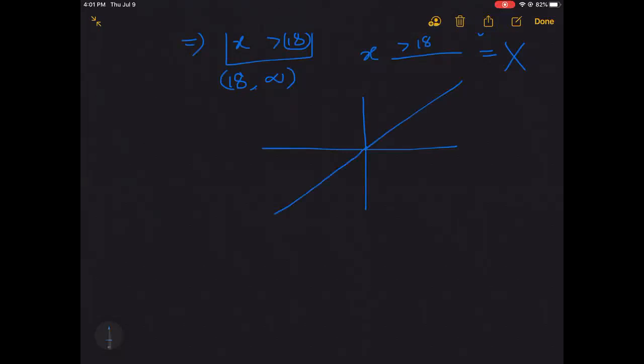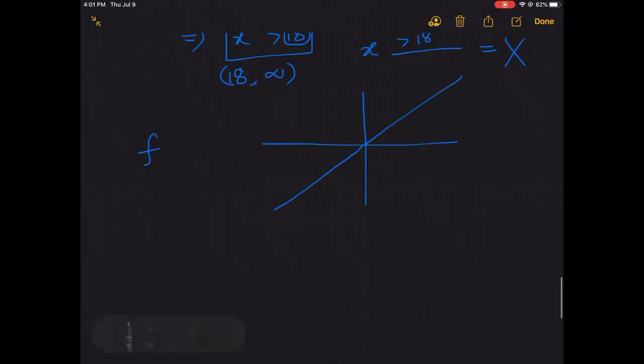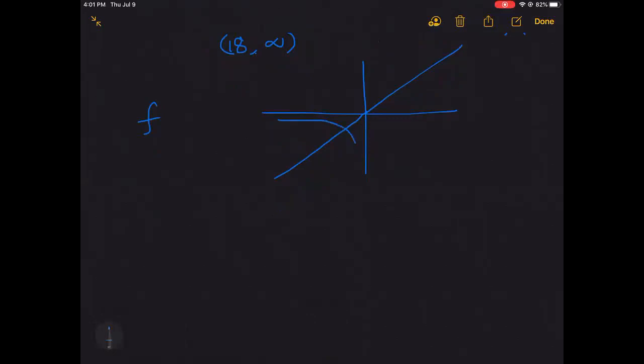Whatever you have as the graph of the main function, just take the mirror image of that. It will actually cross the y-axis anyway, so something like this. Okay, so that's your y equals x line, and you need to take the mirror image of your graph in terms of that line.